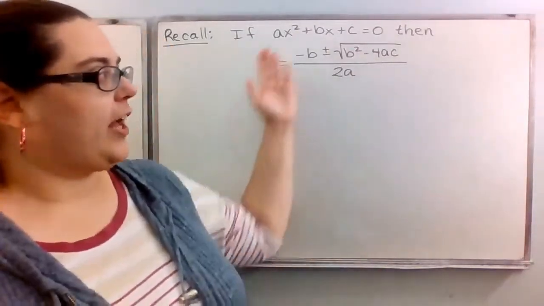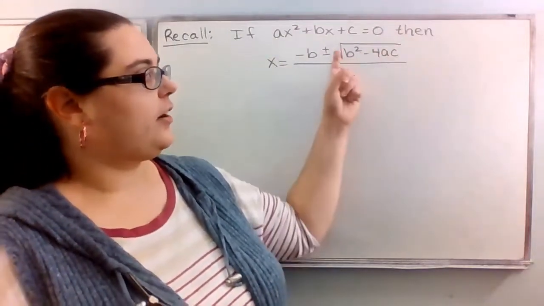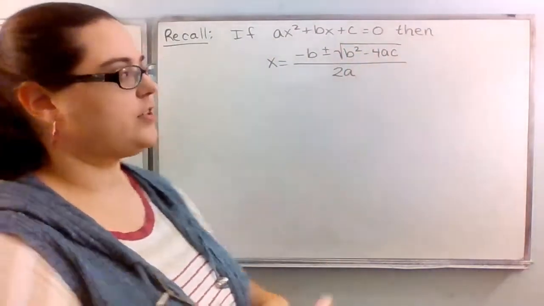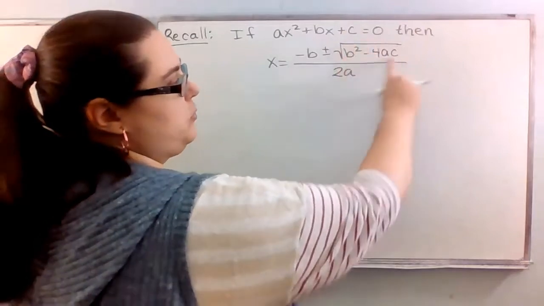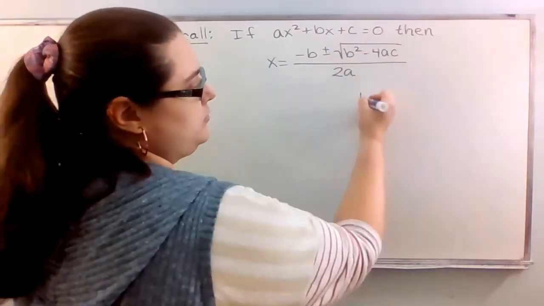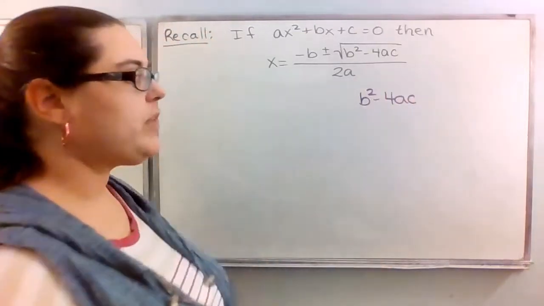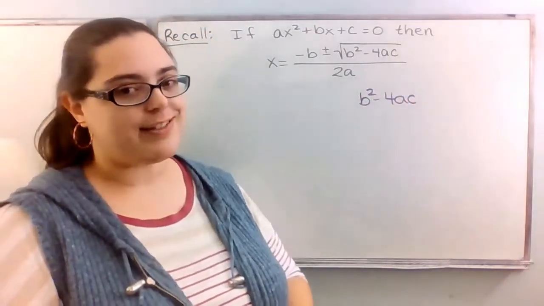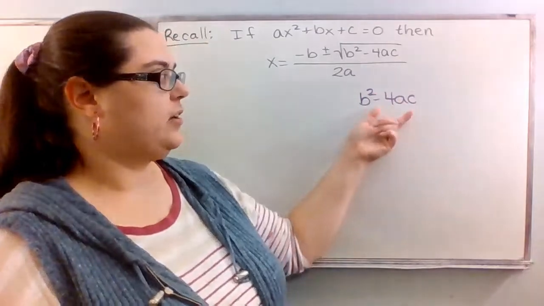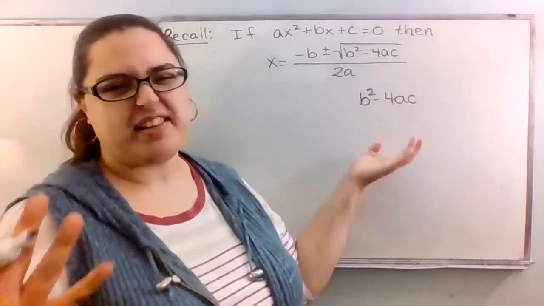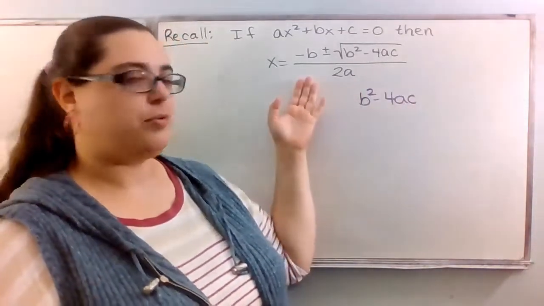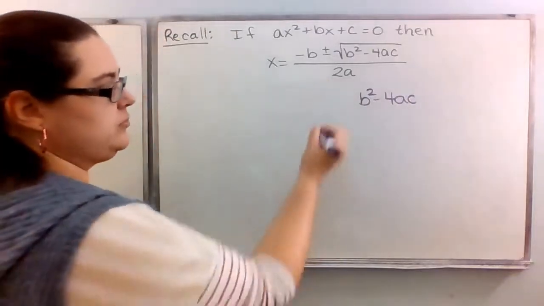So if I look at this formula, I notice that there is a radical here, and there's something underneath that radical, b squared minus 4ac. Now, suppose that this b squared minus 4ac was 0. Let's just pretend that was 0. What would that do to our quadratic formula?